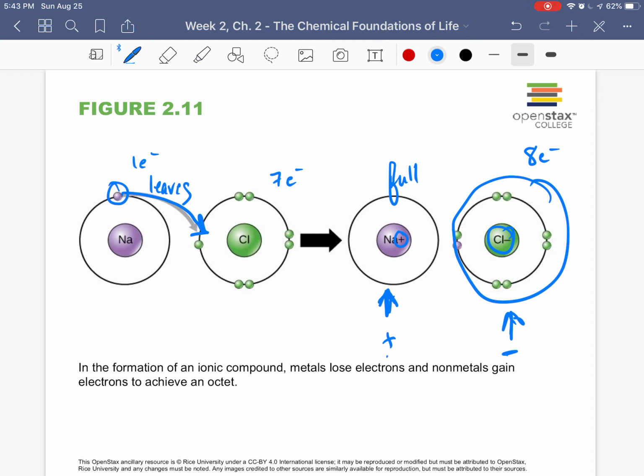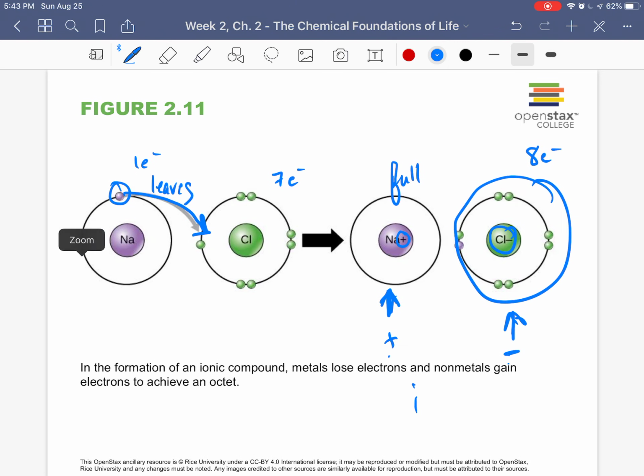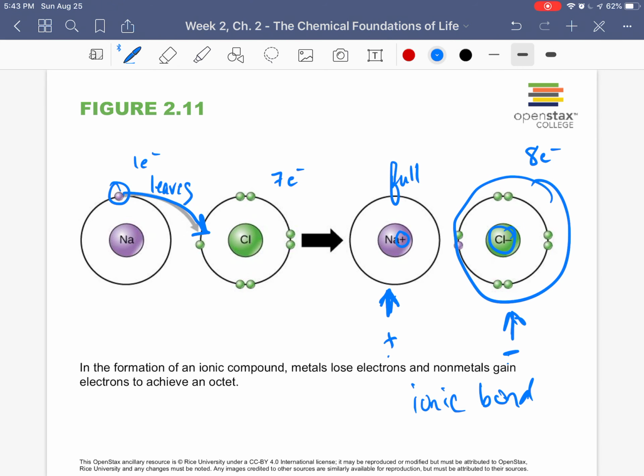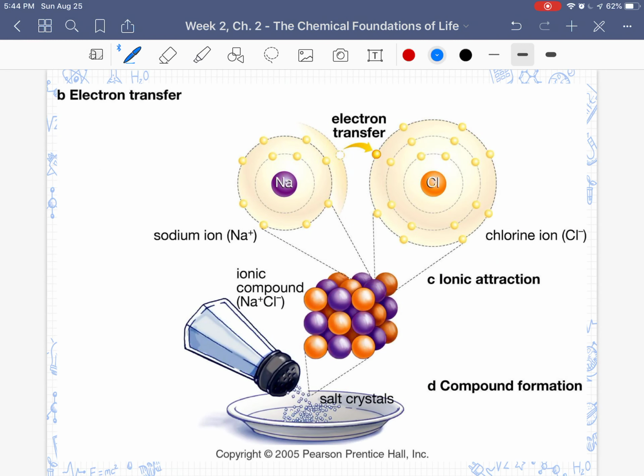So opposite charges here, positive and negative, attract, and they will form what's called an ionic bond. All right, so those opposites attracting together, those opposite ions being pulled together, form an ionic bond. And in this case, we're talking about the ionic bond that makes NaCl, or salt.